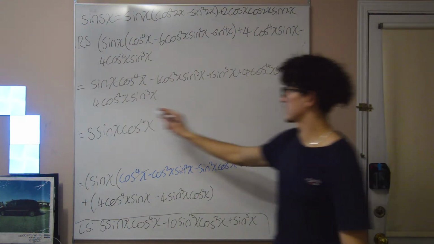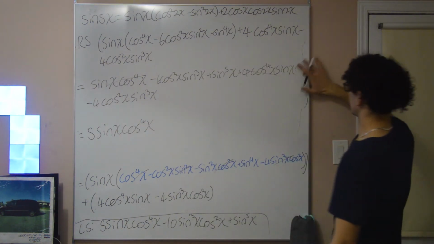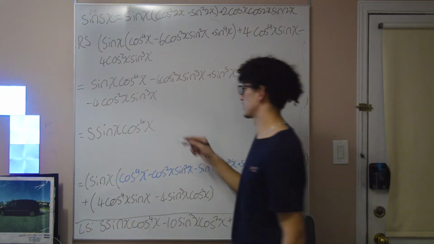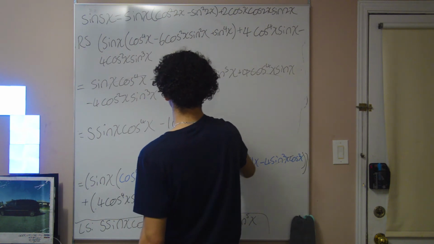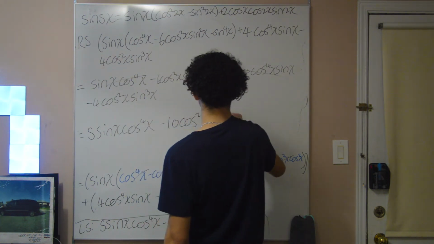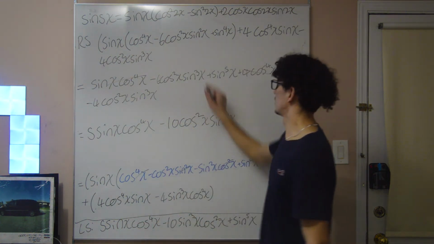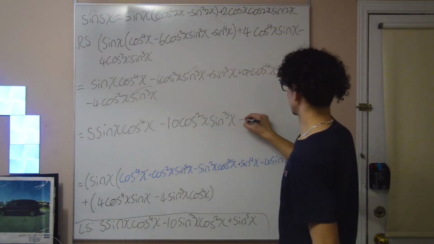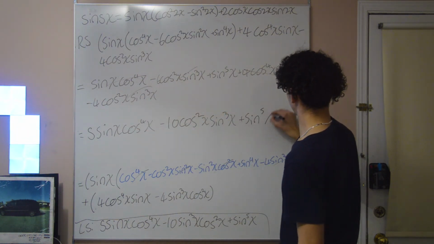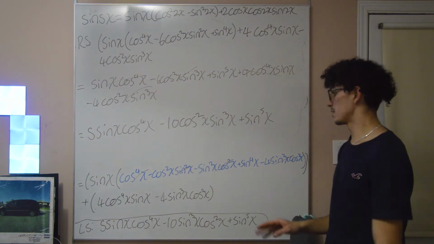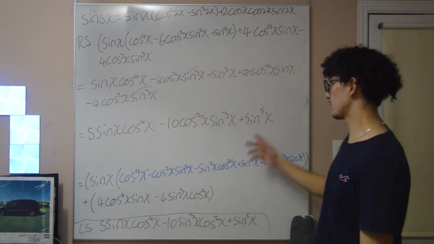Sorry, there's a minus. I should have wrote it down here. There we go. So minus 6 minus 4 becomes negative 10 cos squared x sine to the 3x. And finally, plus sine to the power of 5x. Now, when we look at this and we look at our left side, are they equal?